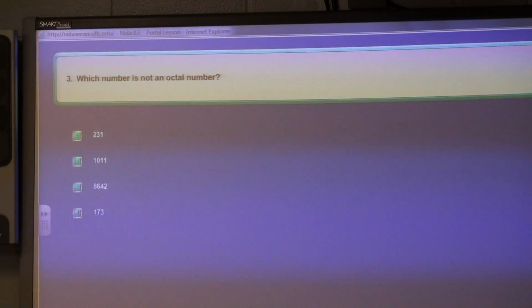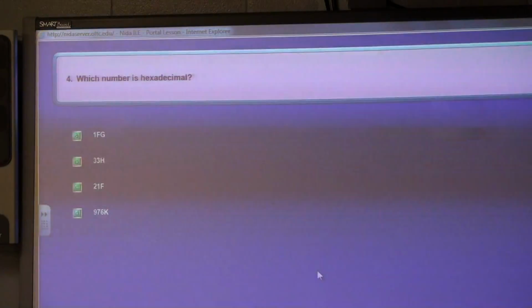B could be binary, it could be octal, it could be decimal, it could be hex. C could be decimal, and it could be hexadecimal, but it can't be octal, because octal doesn't have an 8. And the last one could be any of those other than binary.